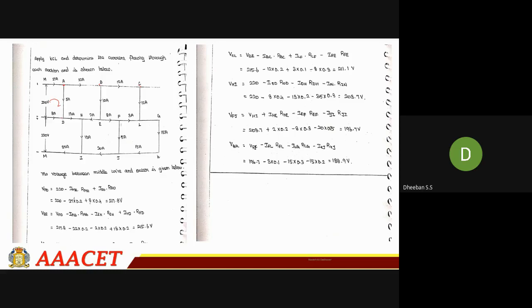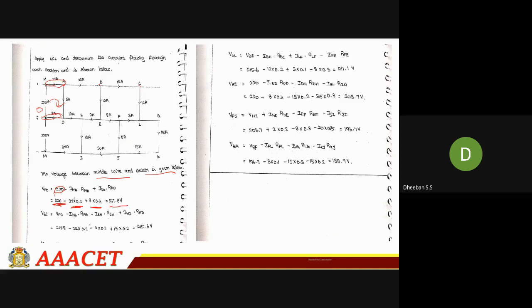You have to see how the currents go out. The voltage between the middle wire and outer wire is given by 220, the voltage rise, minus I_MA, that is from here to here, current into the resistance across this, plus here this I_DO. Take this point as a reference, so I_DO plus R_DO. This will make 220, the voltage rise, minus the voltage drops, because here you are applying KVL: the voltage rise is equal to the sum of the voltage drops.